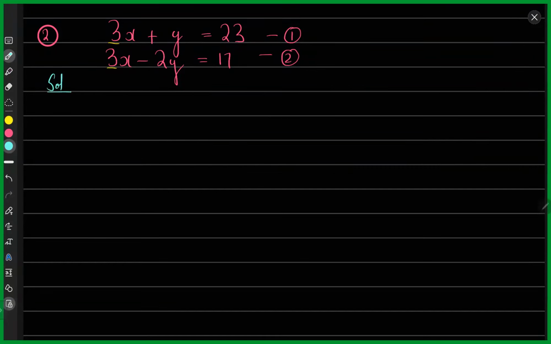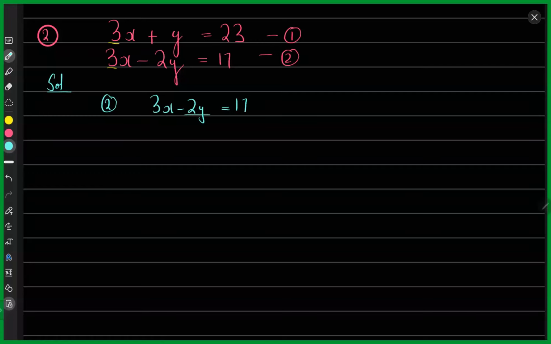Again, I can choose any equation. Let's choose 2 this time. Using 2, it's 3x minus 2y equals 17. Now I need to make x the subject because I need to substitute x in the first equation. In the substitution method we will be substituting x, or substituting y. Anyways, let's make x the subject.